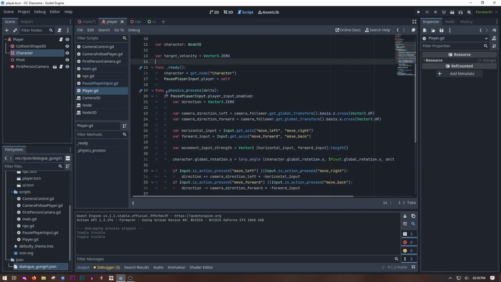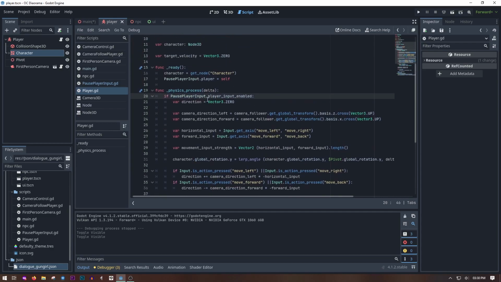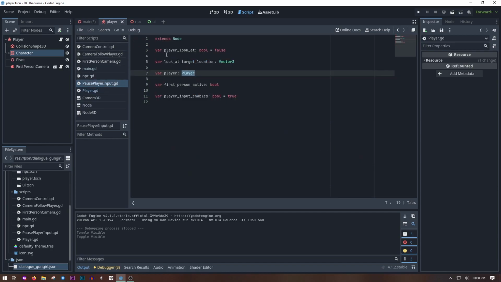So function physics process data delta, if pause player input enabled is true. So that's what the dialogue system is doing. Anytime I talk to a player in the NPC script I'll get to, it says player input enabled bool is true by default.